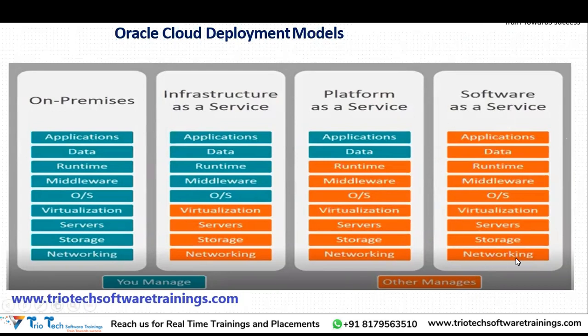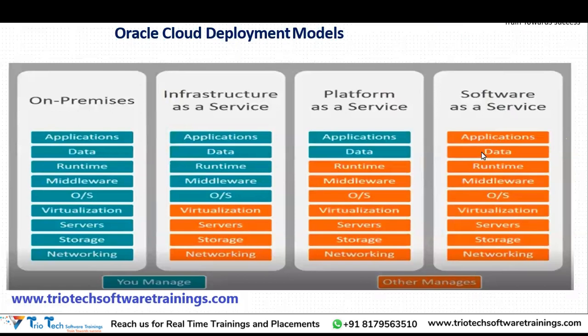And for that, if you see the platform, the application is maintained by Oracle. So this orange indicates that everything is managed by Oracle, and blue indicates that it is managed by the customer themselves, the client who has purchased the licenses from Oracle. Now in this case, software as a service, the application is managed by Oracle.